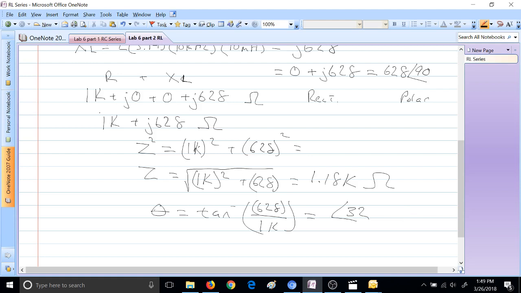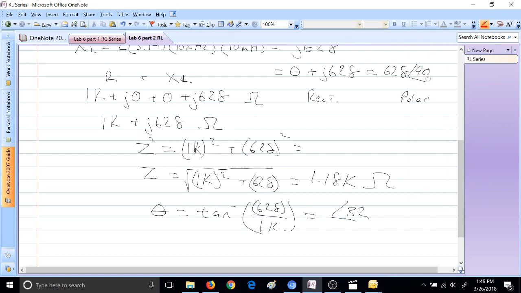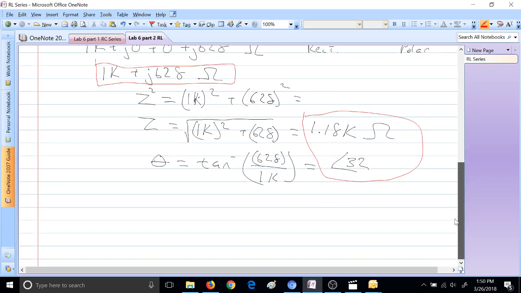rectangular format, and if I knew how to put this in a different color, I would. Oh, here it is. Thin red. Nice, let's see if this works. Yeah, I'm getting better at this. And we have right here our two components, the magnitude and the direction in polar notation.